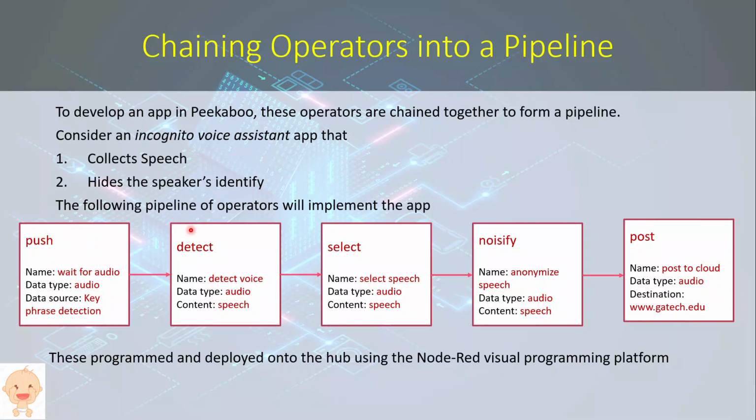Once the audio comes in, we will detect it for speech. If speech is detected, we will select it. And as all of you know, each of us has a different speech footprint, and we can mask that footprint by noisifying the data, either by adding noise or doing some sort of pitch transformation. And that data, which still contains the relevant content, but not necessarily my speech footprint, would then be posted to the cloud.